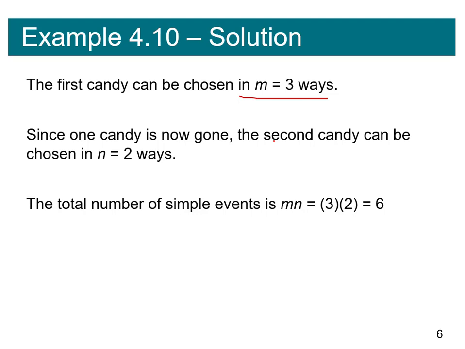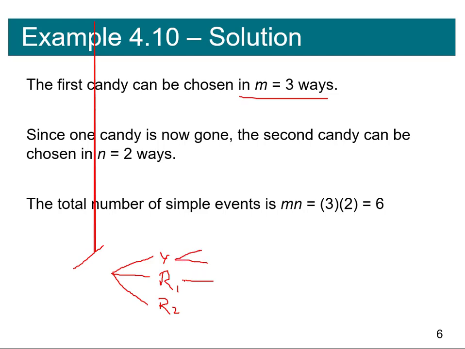So how many simple events are there? So we did it like this. We said you could get yellow, you could get R1, and you can get R2. And then, if you got yellow, then you only have 2 possibilities, R1 and R2.